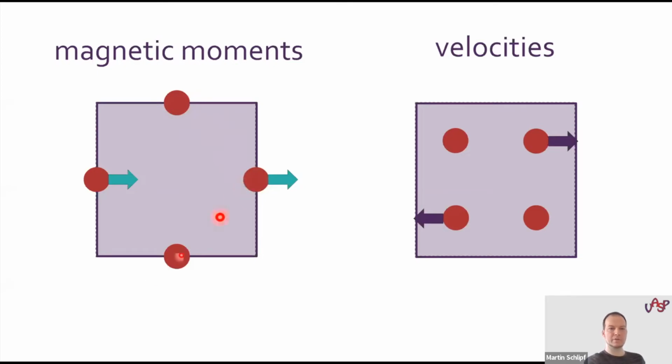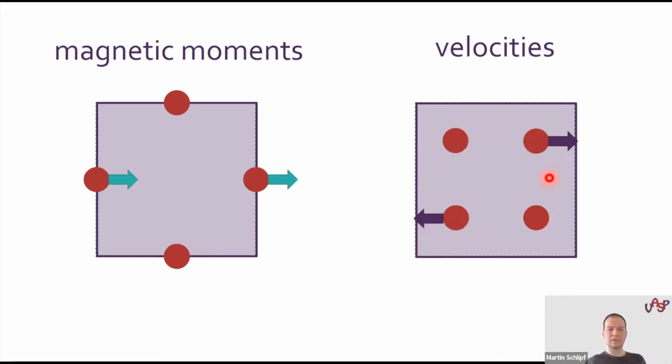So even though the atoms are the same, the magnetic moment is not. Or this could also be an antiferromagnet, where this has the opposite magnetic moment. And then we still cannot use this symmetry, so we can still only use the twofold symmetry. For velocities, you also need to consider that not only do the atoms turn, the velocity also changes direction.